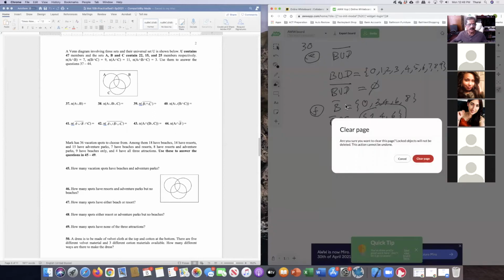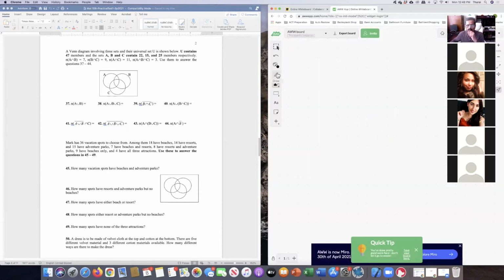So I'm going to do problem 44, which means I have to put all the numbers on the Venn diagram, and that's what I'm trying to do. Let me just draw the picture.